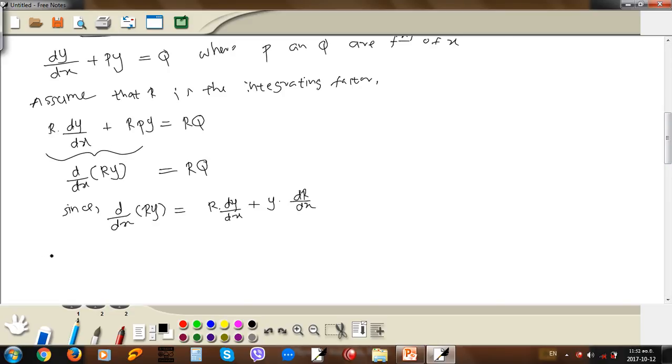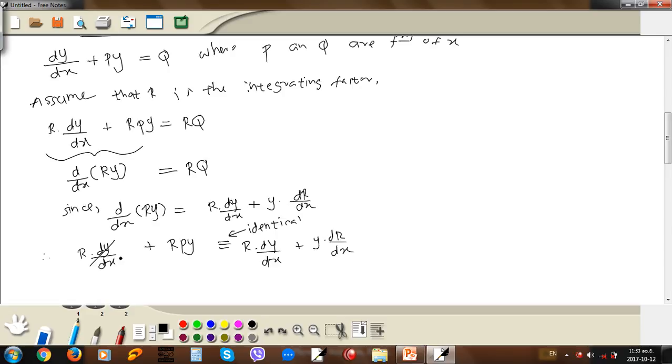Therefore we can write r times dy by dx plus this part r p y. This is identical to this one, r dy by dx plus y dr over dx, right?